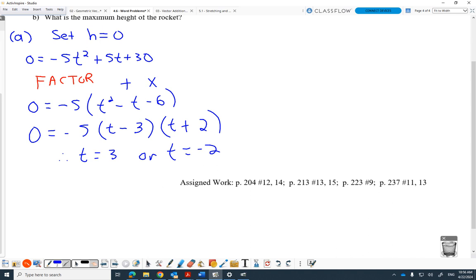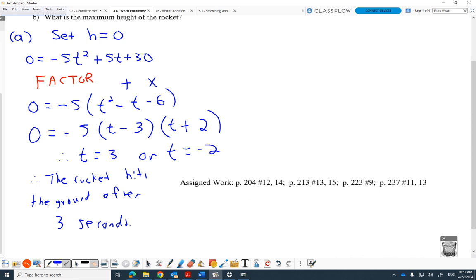You can see how the parabola would have that in it, but that's not the t we're looking for. We're looking for the positive t's. Therefore, the rocket hits the ground after 3 seconds.